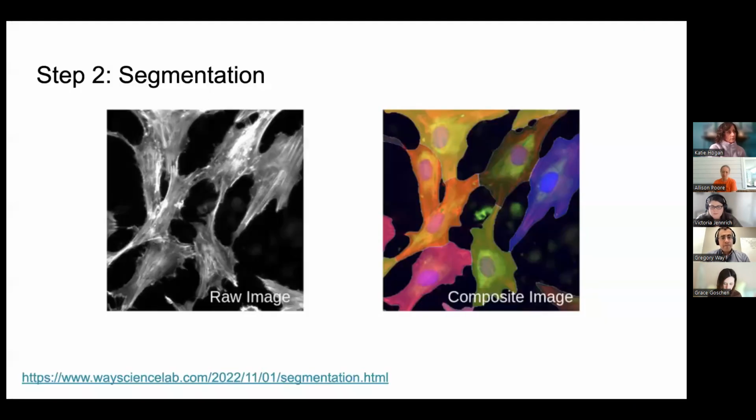It does get trickier, especially with cells that are spindly and might be overlapping. These are Schwann cells, which are neuronal-based cells that have these types of structures that might be difficult to segment. You might argue that there's actually no correct answer here.